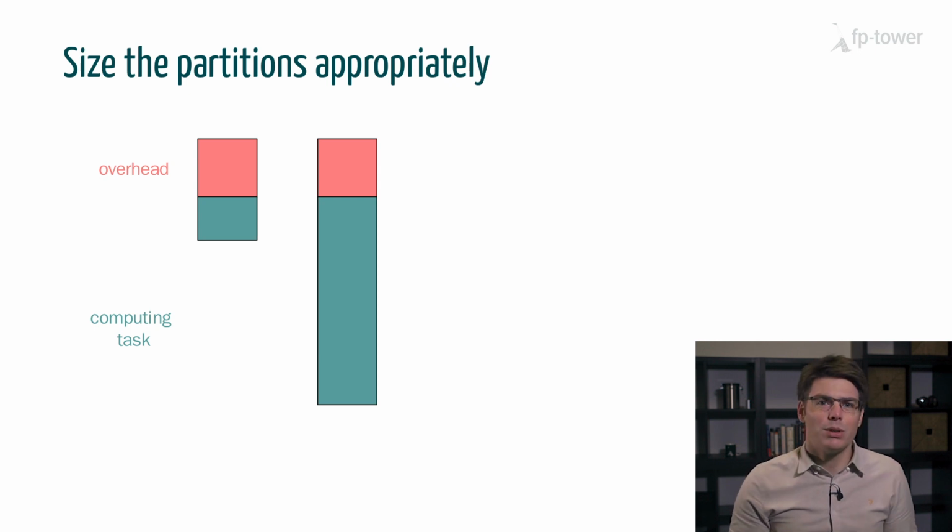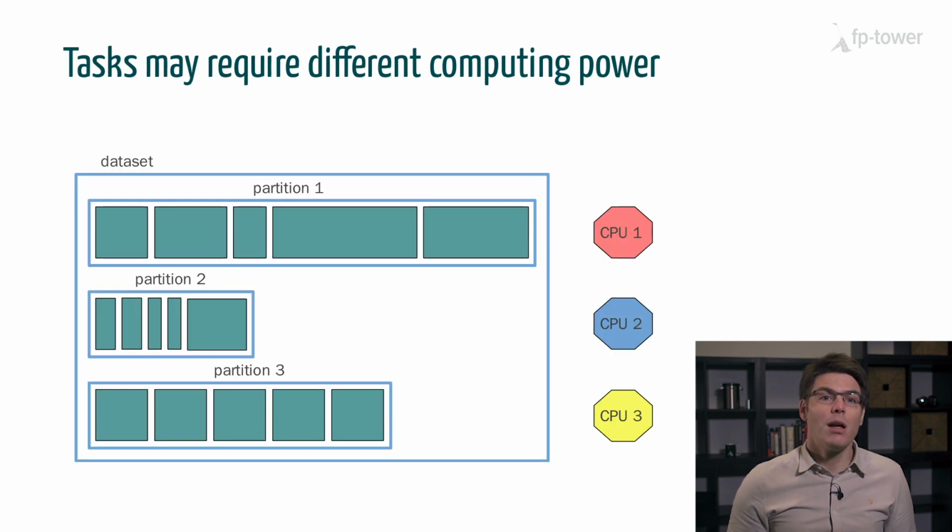To make things worse, even if we carefully split the dataset, all the tasks may not require the same computing power. For example, if each green square represents a file, we could imagine that some of them could be larger than the others, which will once again impact the performance.